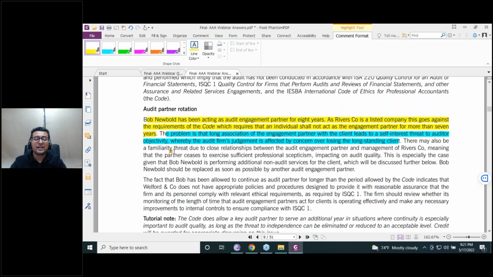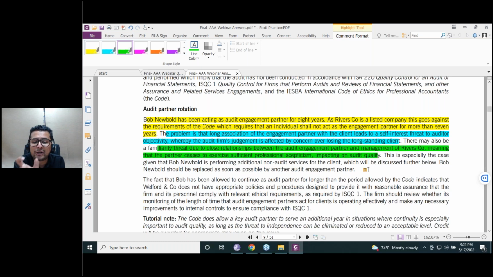As a result of that, there is a huge possibility that the engagement partner, let's say Ahmed, would lose professional skepticism, and that will have an impact on the audit quality. So this is another point for you. This could also lead to familiarity threat because of the close relationship between the audit engagement partner and the management of River company, and as a result he will lose professional skepticism and it could have an impact on the audit quality.